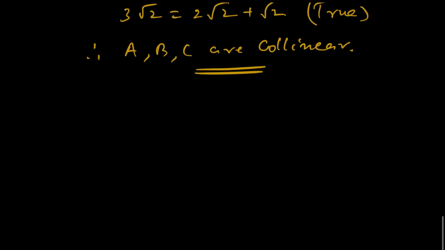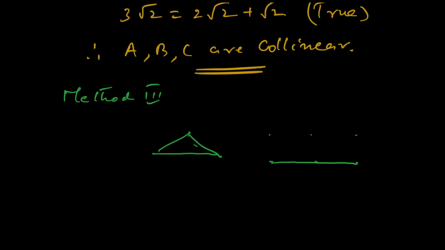Over. Now we shall take up the third method. What is the third method? If A, B, C are lying on one line, no triangle will be formed. If 3 points are non-collinear, then only a triangle will be formed. If all 3 points lie on a line, the area of the triangle will be 0.